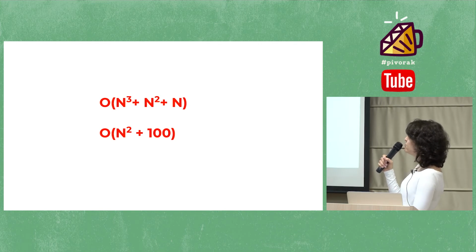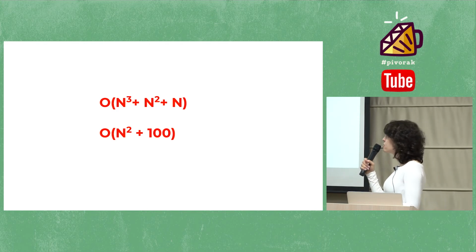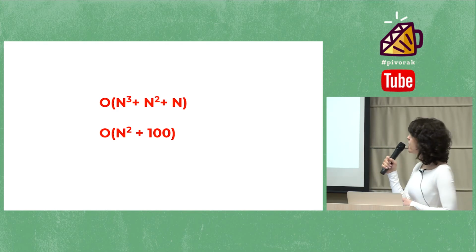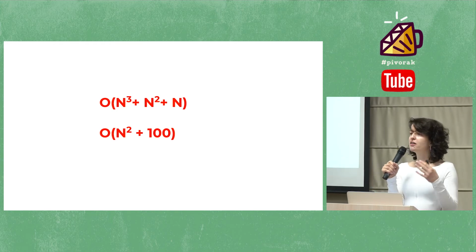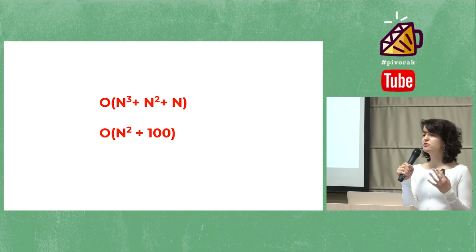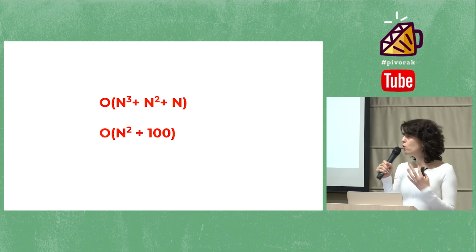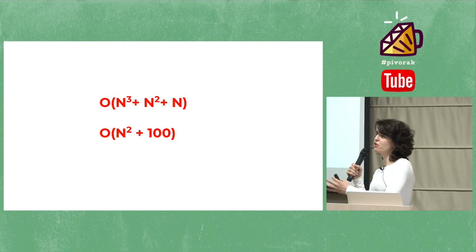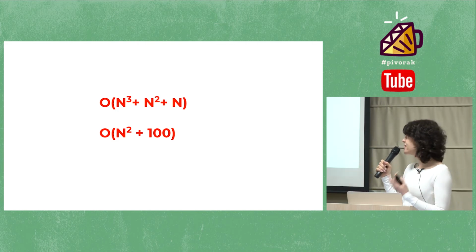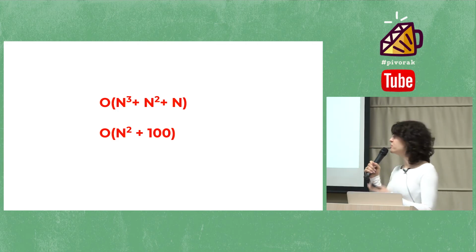So you might be tempted to say that the complexity of my entire solution is n to the third plus n squared plus n, but because we have settled that the computers are powerful enough to solve small problems, the only case where we really run into a problem is as we approach really large numbers. So for the sake of simplicity, let's say as we approach infinity.